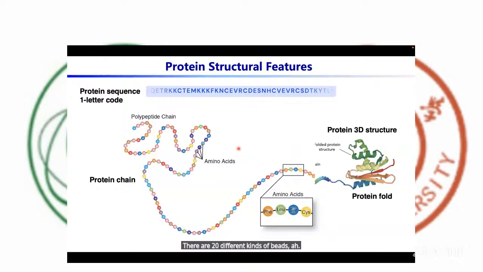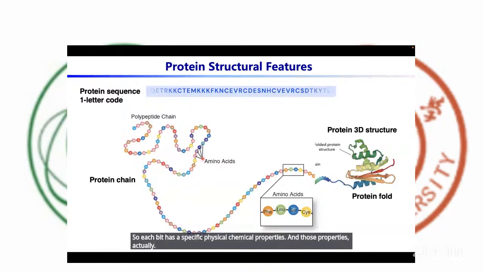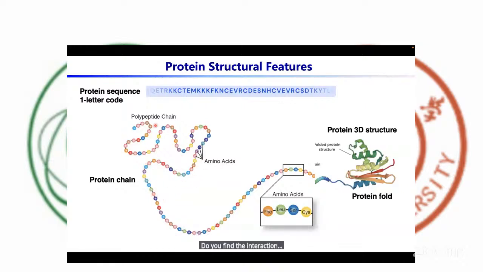They can be colored differently as illustrated here. Each bead has specific physical chemical properties, and those properties define the interaction among the beads, and then eventually they fold into some kind of 3D structure.